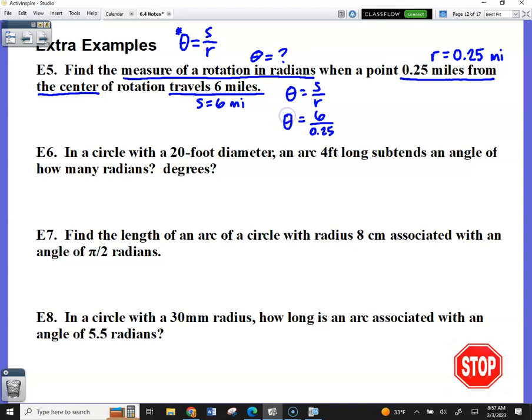Radians? Yep. Wondering why it's 24, that was 6 divided by 1/4. You don't divide fractions, you keep, change, flip it, so it's 6 times 4.